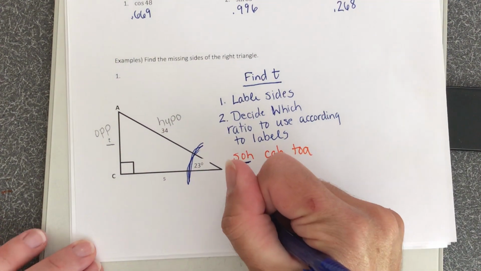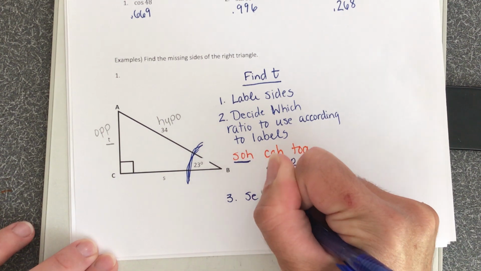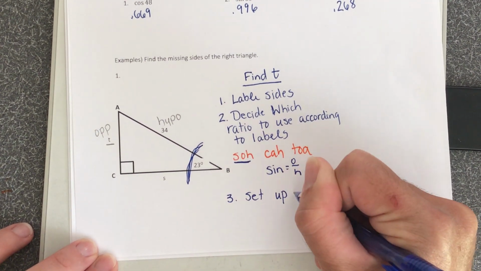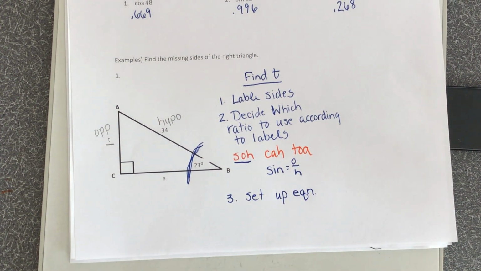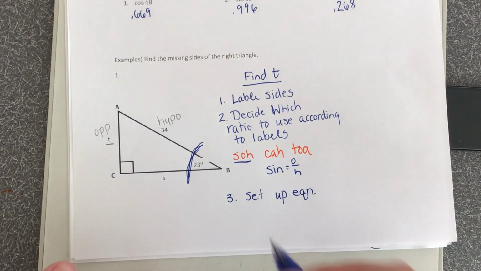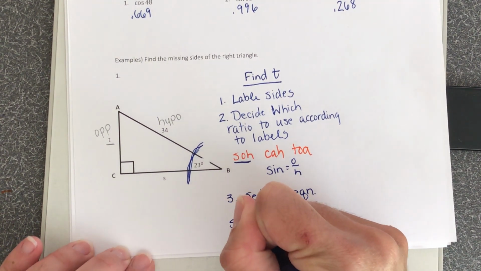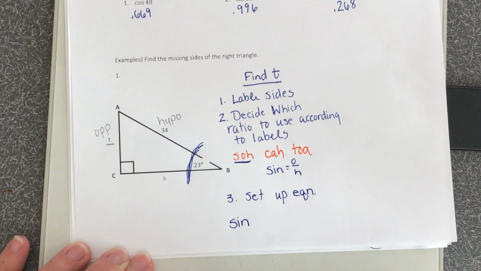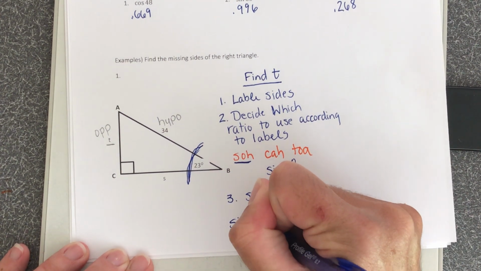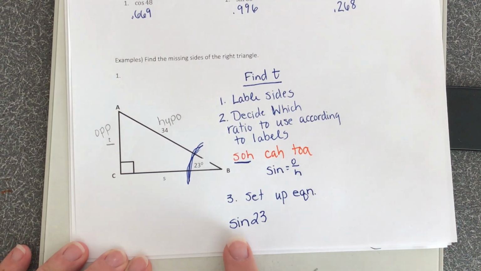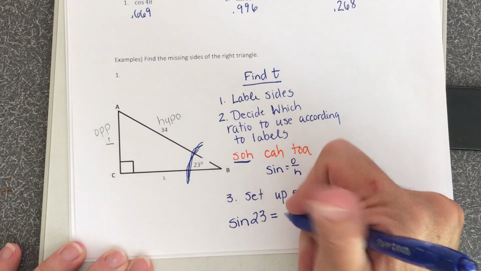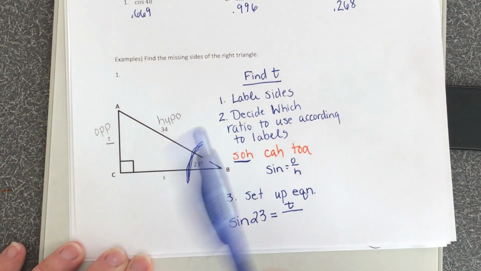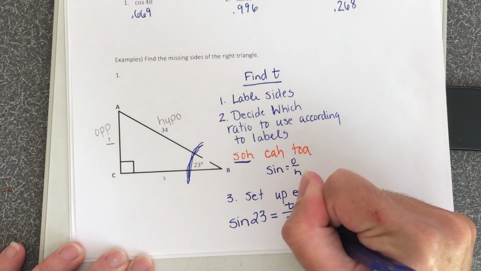Now we're going to set up our equation. I know I'm going to be using sine, so it's always going to go the ratio first, sine, followed by the angle measure, sine 23. Now again, remember, this is a number. It's an irrational number. Sine 23 is equal to opposite over hypotenuse, so t over 34.